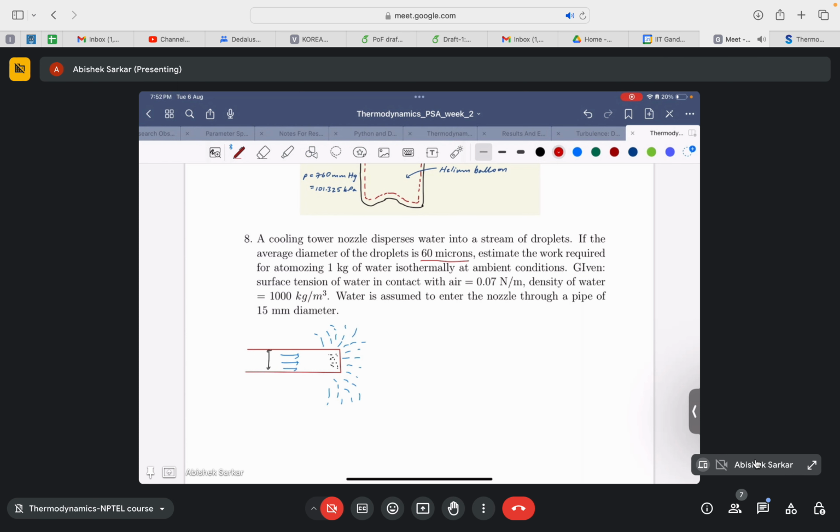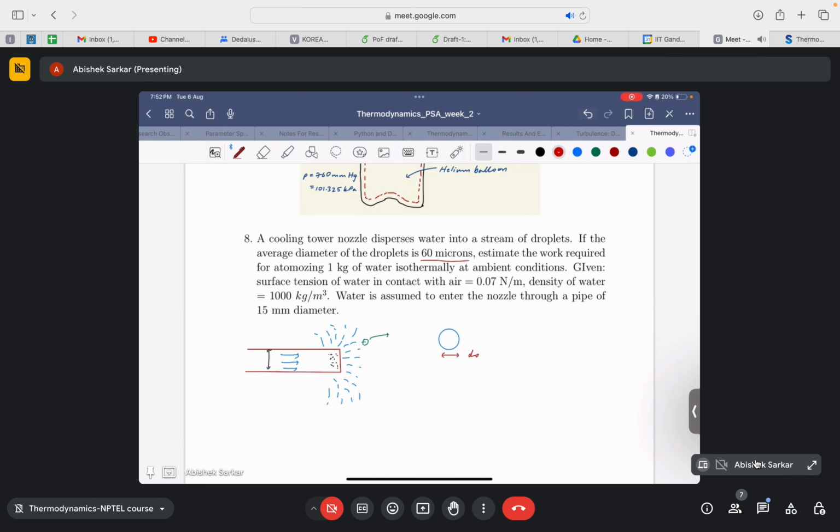So say if I zoom it, take your time for this question. We'll solve this question, and if you have time we'll solve other questions as well. This is an interesting one, that's what I'm saying. So if we zoom in on each droplet, the diameter of each droplet is 60 microns. 60 microns means 60 micrometer.